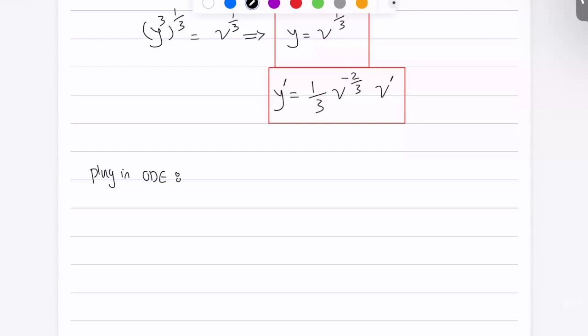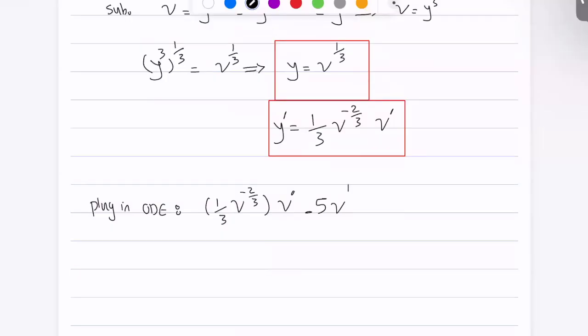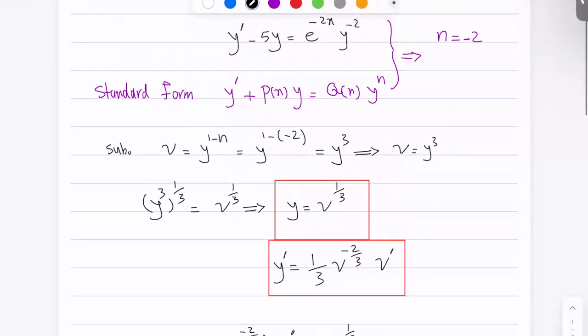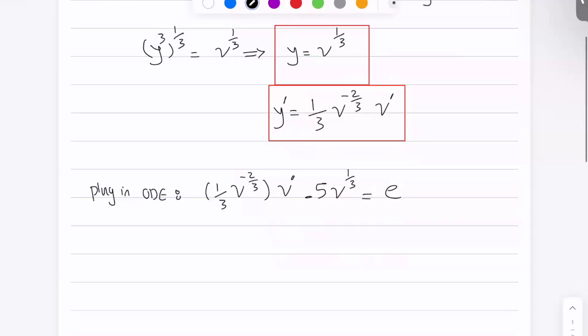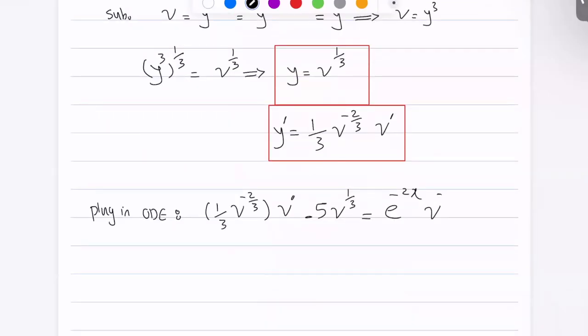We have y prime, which is 1/3 v to the negative 2/3 times v prime, minus 5y, so minus 5 v to the 1/3, equals e to the negative 2x times y to the negative 2, which is v to the negative 2/3. All right, so now this is our new ODE.